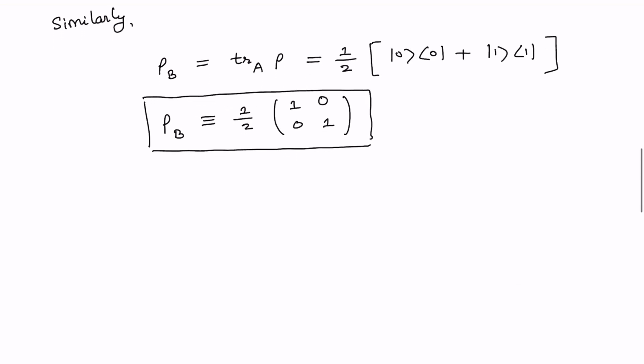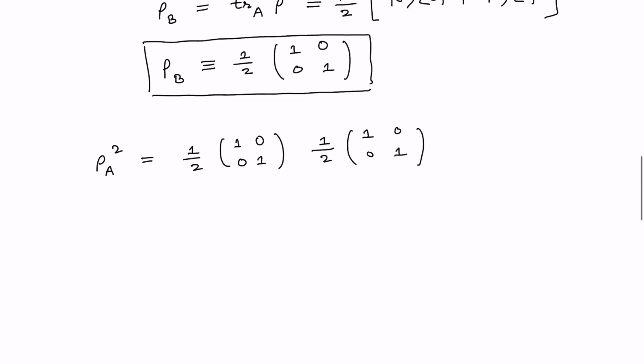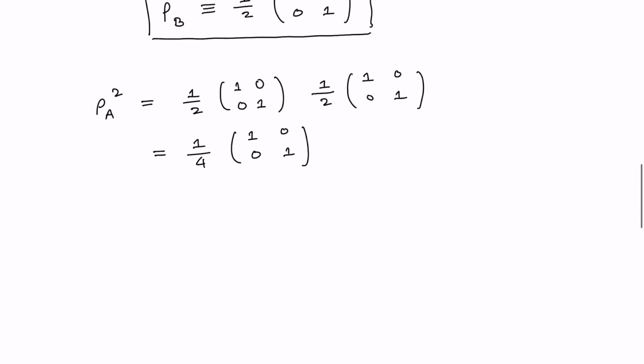To do that, let us find rho A square, that is, the square of the density matrix corresponding to the subsystem A. That would be 1/2 times the matrix 1 0 0 1, the density matrix for the subsystem A. Take the product with itself, 1/2 times 1 0 0 1, and matrix multiplication is going to give you 1/4 times 1 0 0 1. This is what you will get as a result of the matrix multiplication.